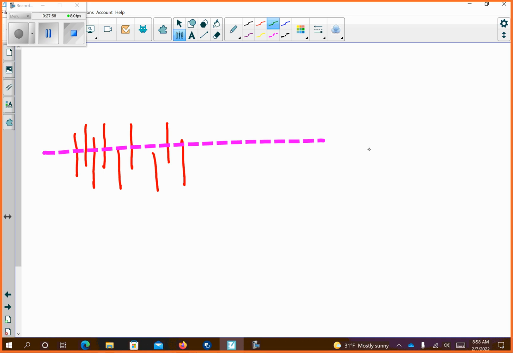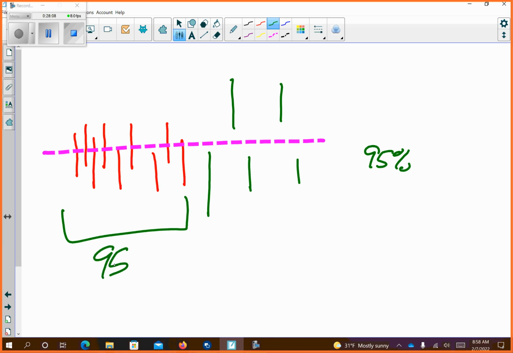So with 95% confidence, you would have 5 of these that would fall outside of the pink, and 95 that fall within the red. I realize I didn't draw 100 reds, but only 5 don't fall into that. Okay? The pink line is where we're thinking we're going to capture the average.